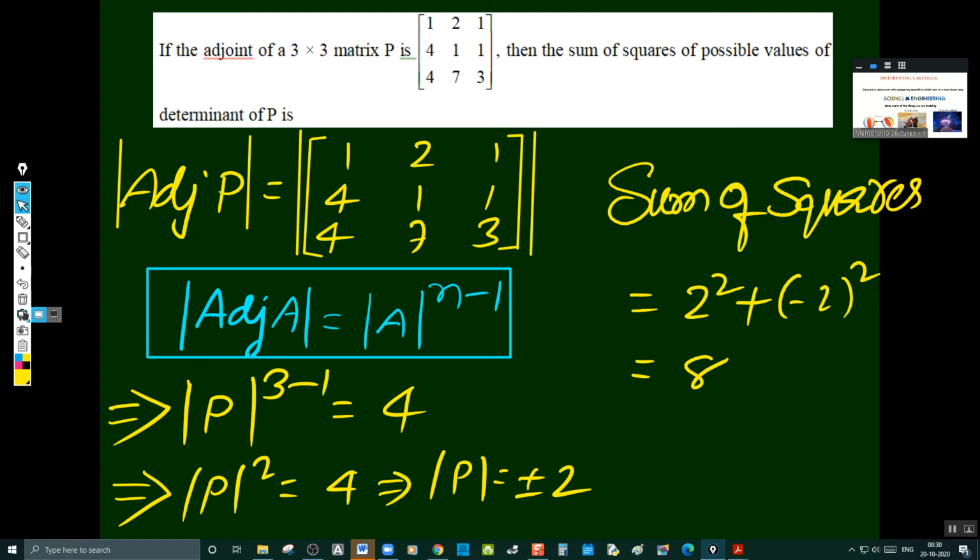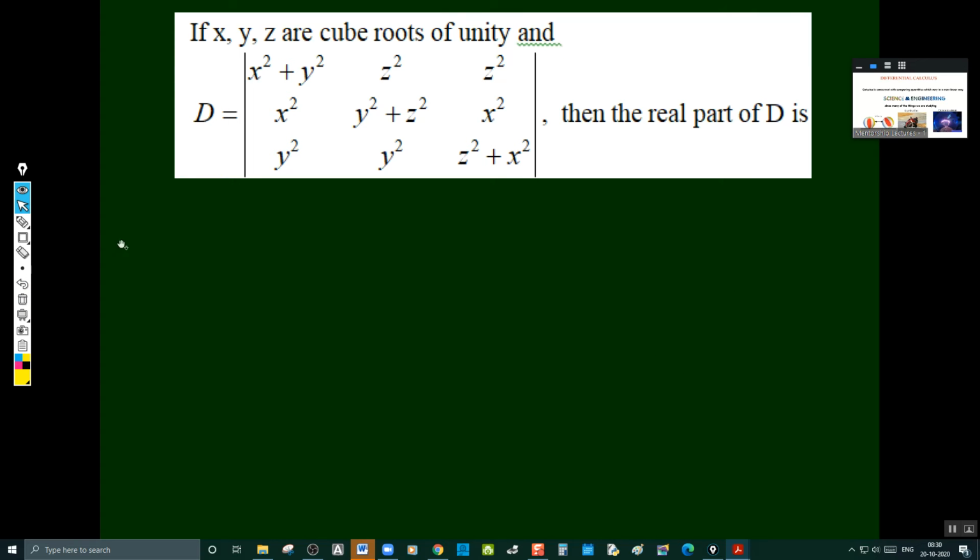Let me go to the next problem. If x, y, z are cube roots of unity, then d is equal to the determinant in terms of x, y, z, and we need the real part of d. Let us take x, y, z directly and substitute, going for determinant simplification. Let us write 1, omega, omega squared.